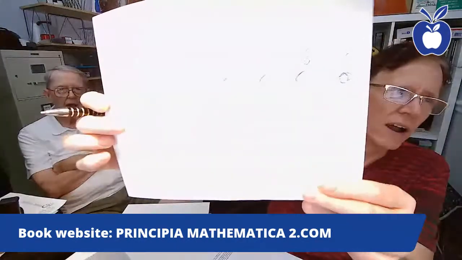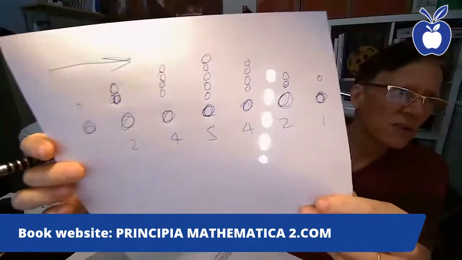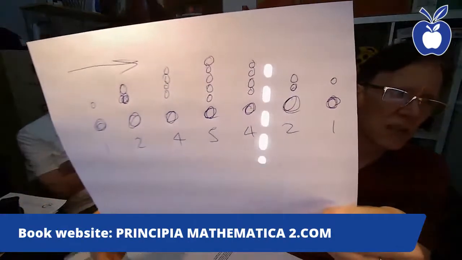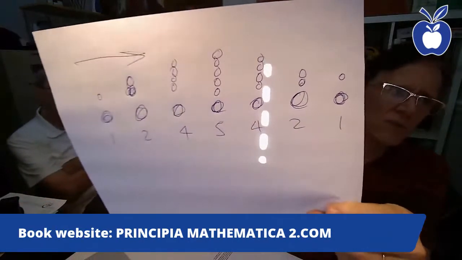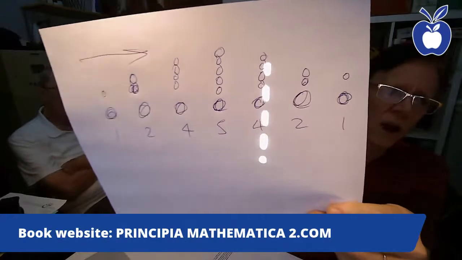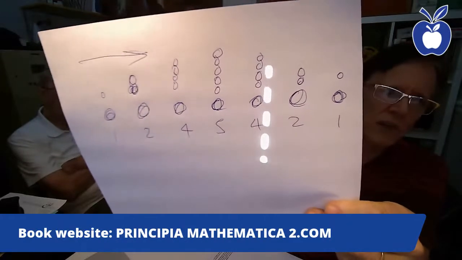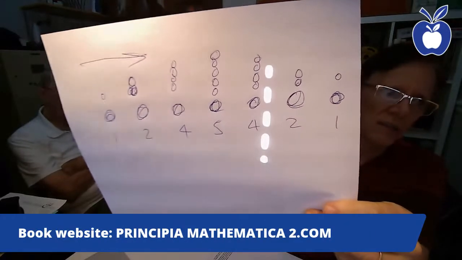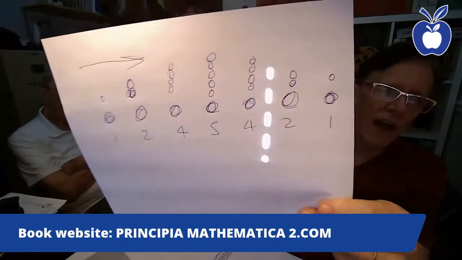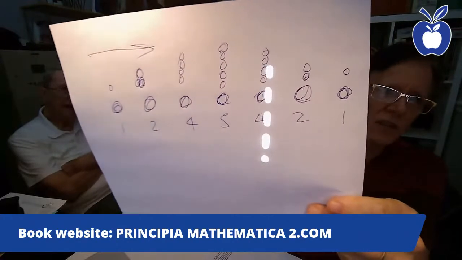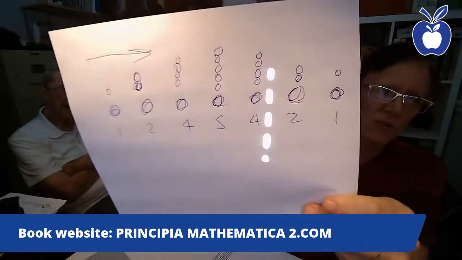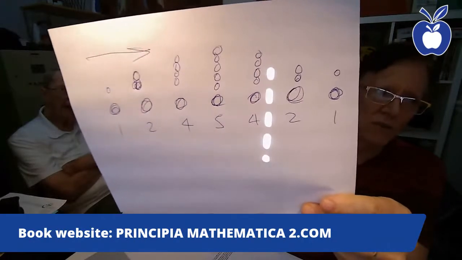There's the arrow, they're all moving together at speed c. So the 1, the 2, the 4, the 5, the 4, the 2, and the 1 are all spaced like that, and they're moving like bombers in the sky. Once I saw that, I realized that is a solution to one of the biggest problems in all of science.